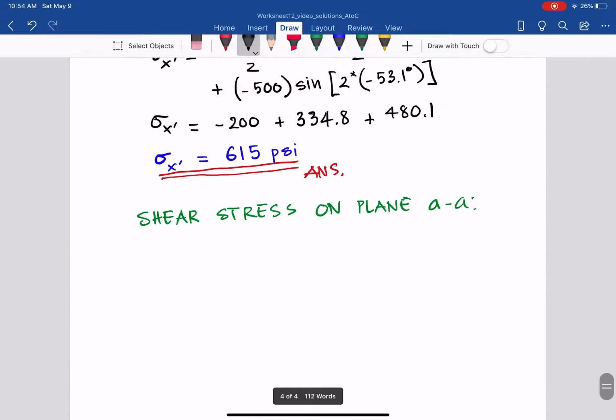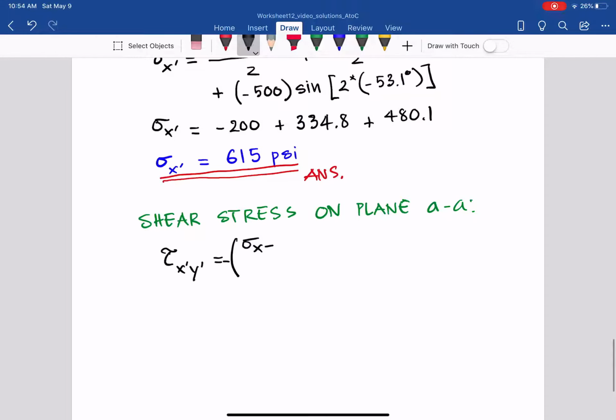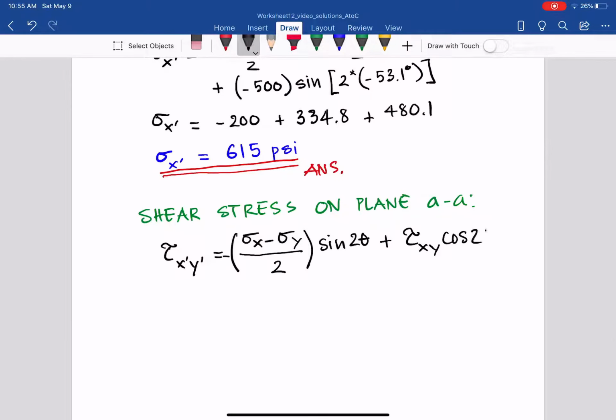We have tau x apostrophe y apostrophe equal to, go to your reference notes, negative, it is negative at the beginning, sigma x minus sigma y over 2 sine 2 theta, and then plus tau xy cosine 2 theta.